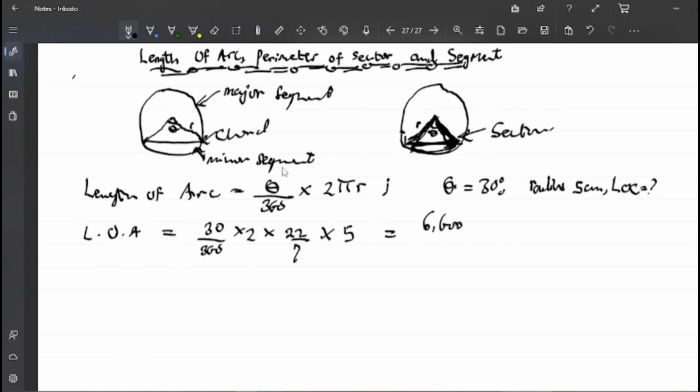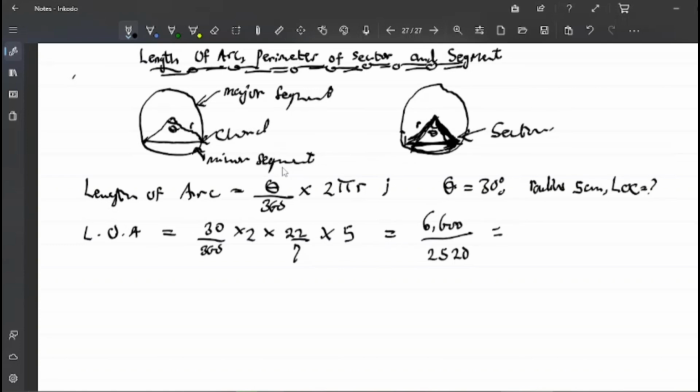That will give us 6,600 all over 360 times 7, which gives us 2,520. So 6,600 divided by 2,520. What would that give us?